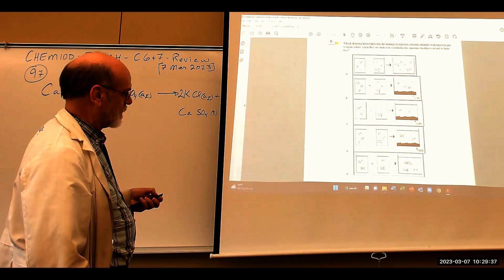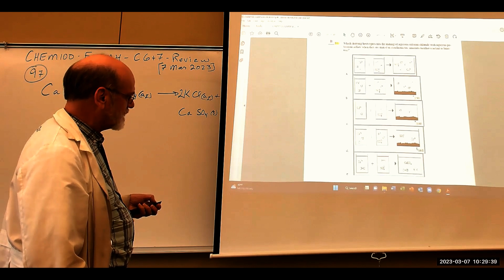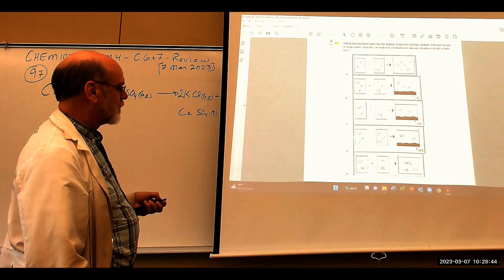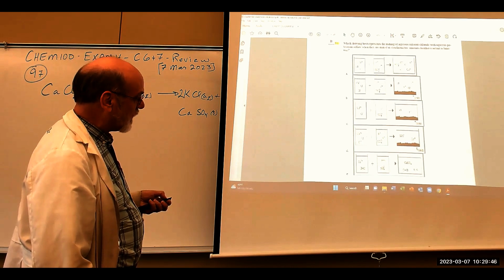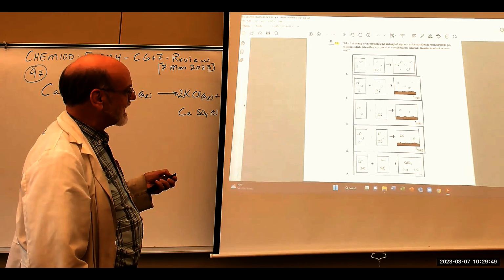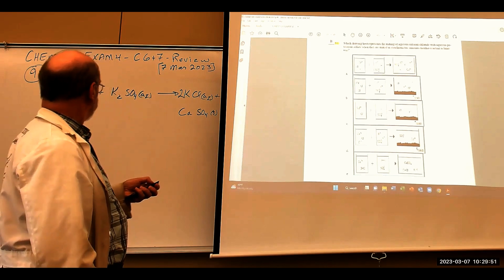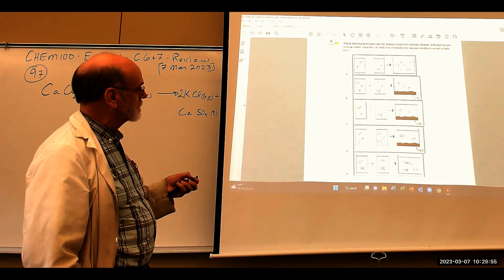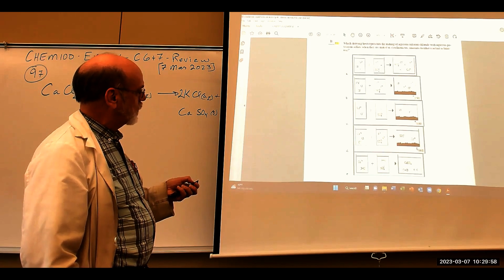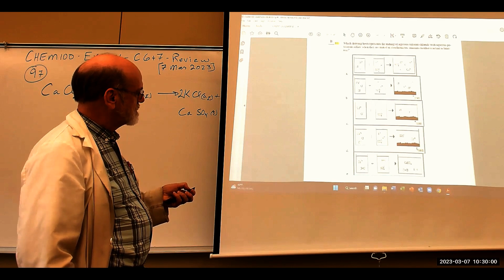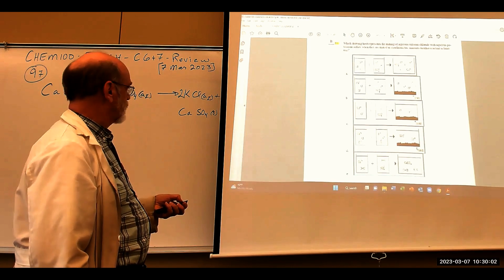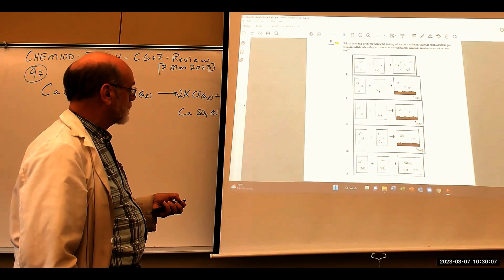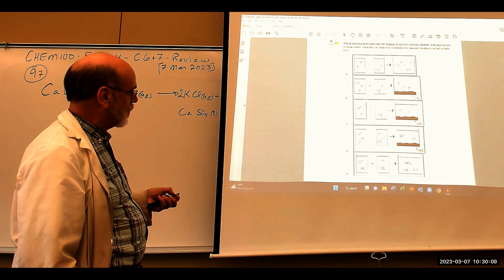C, no, that's wrong. This one's correct, D. That one's not correct because the chlorines are bound together. So we've got a possibility for D, B, and A. Now we'll go to the next one. We need two potassiums and one sulfate. So that one works. And that one works. And our other one was this one. That's two potassium. Okay, so it could be A, B, or D.